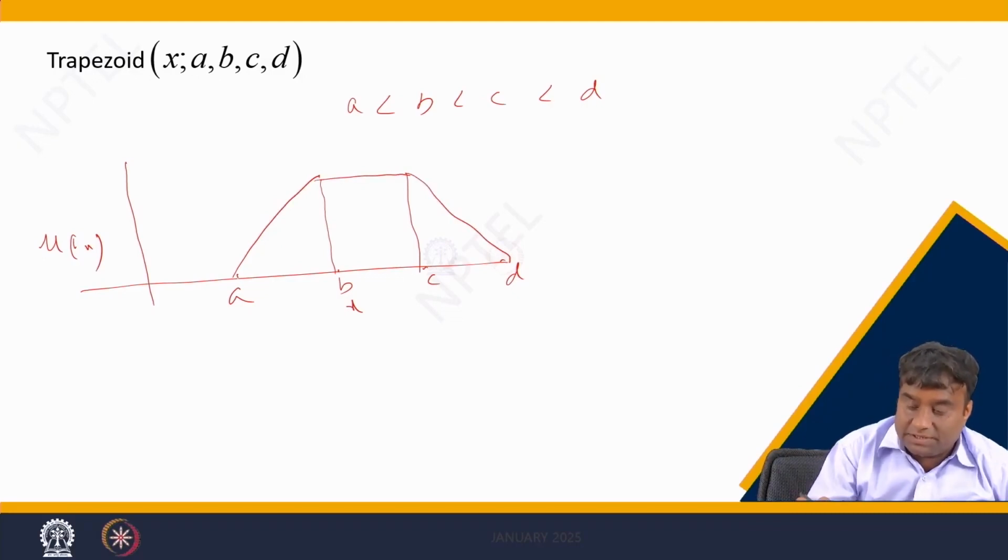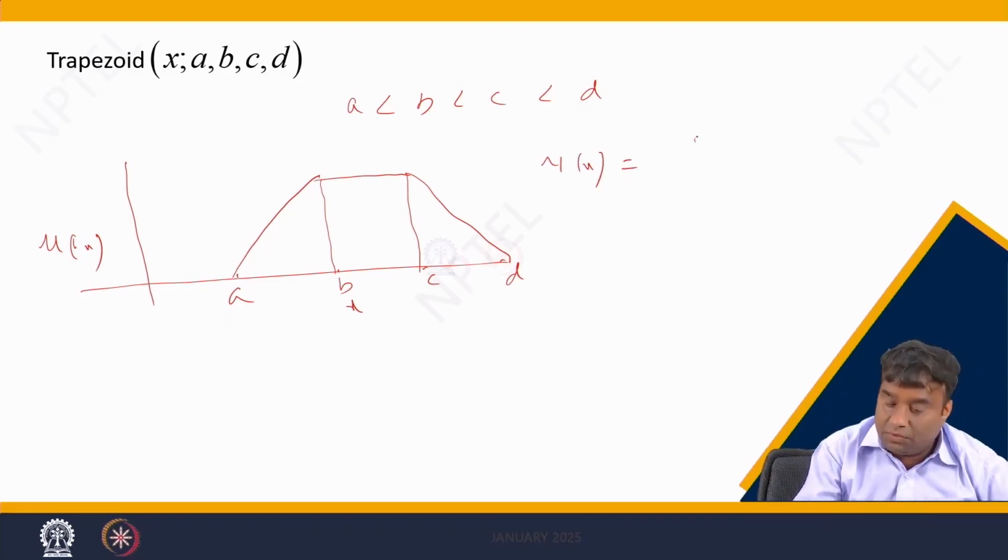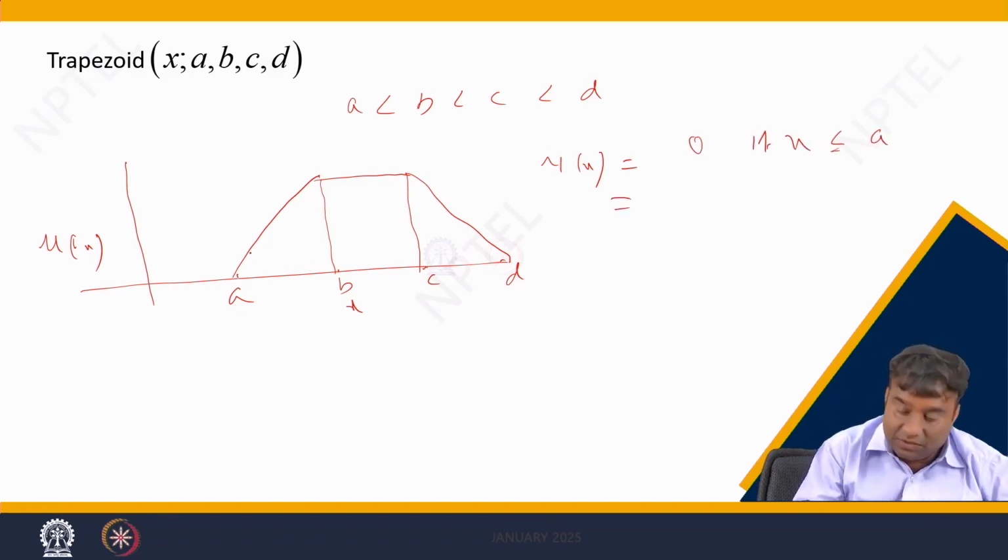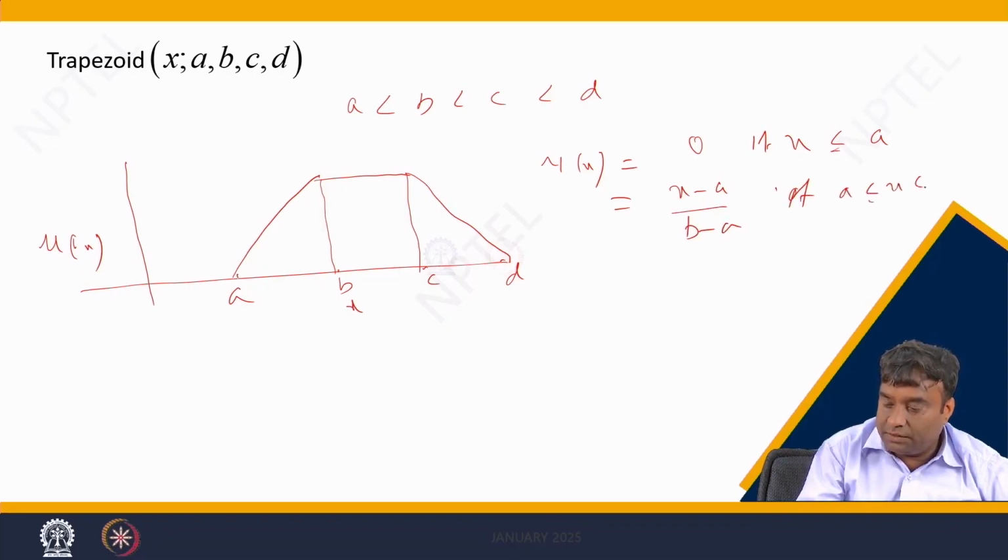So here mu x can be written as 0 if x is less than or equal to a. This is equal to the straight line, x minus a by b minus a, if x belongs to a to b.